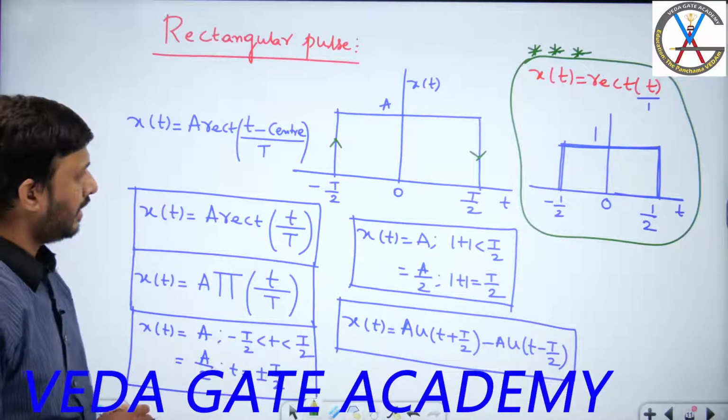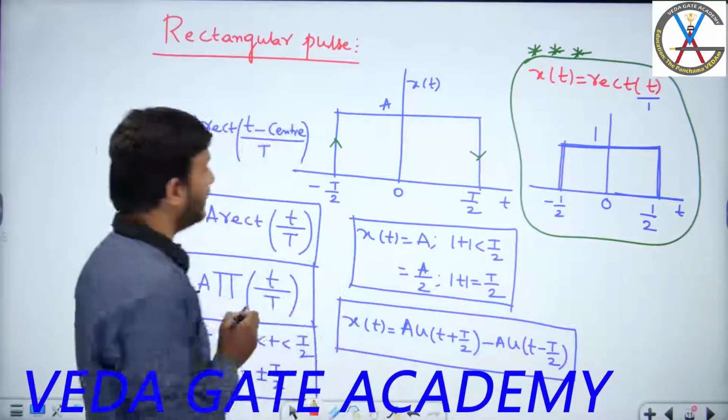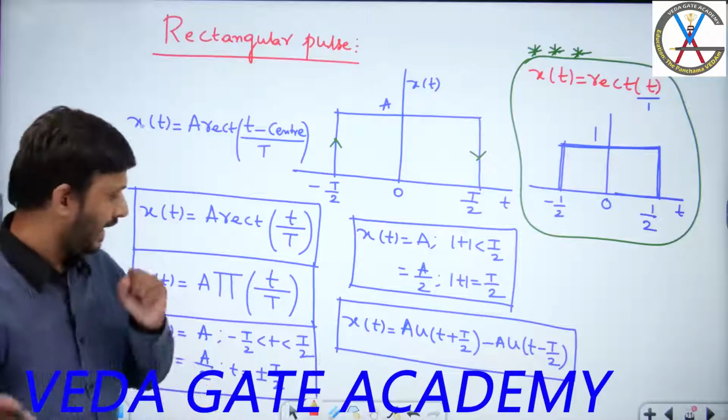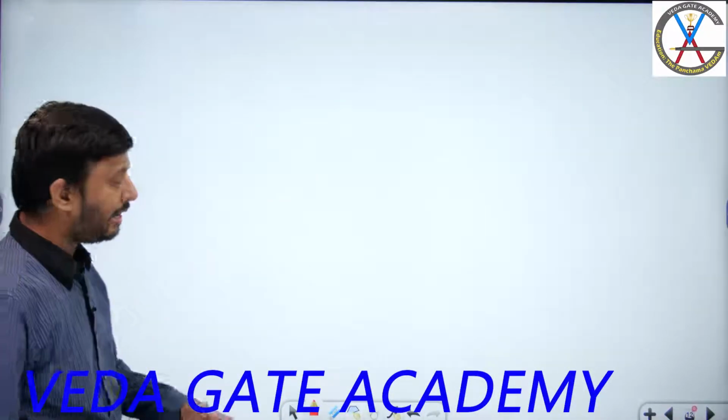Rect t. Right. Now let's perform the transformations of the independent variable on this rectangular pulse and observe what will happen. So what is the first transformation of the independent variable? Time shifting operation.